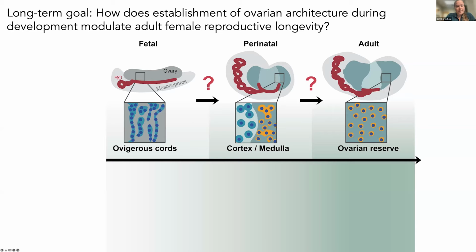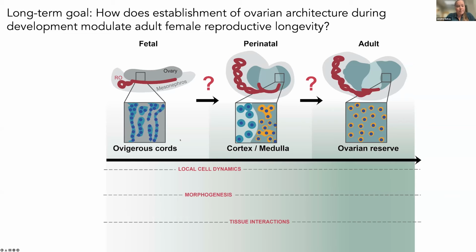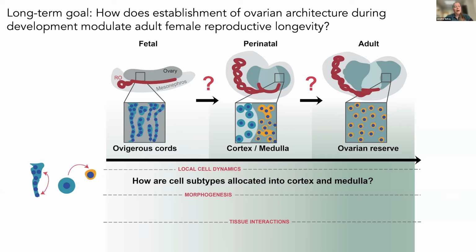And I'm hoping to address these questions by implementing a multi-scale approach that will investigate how interactions between different cell subtypes within the ovary drive the allocation of follicles into cortex versus medullary regions.